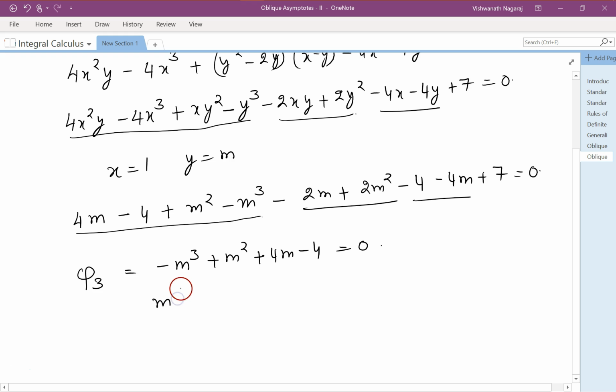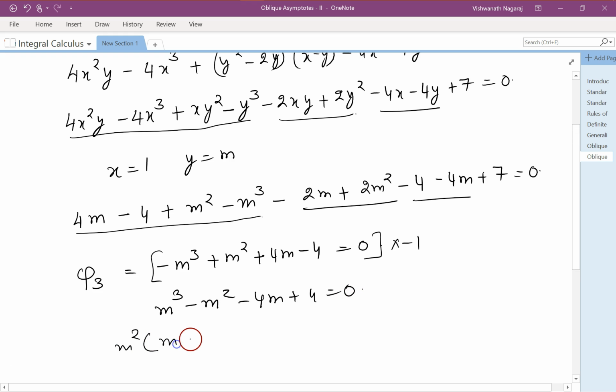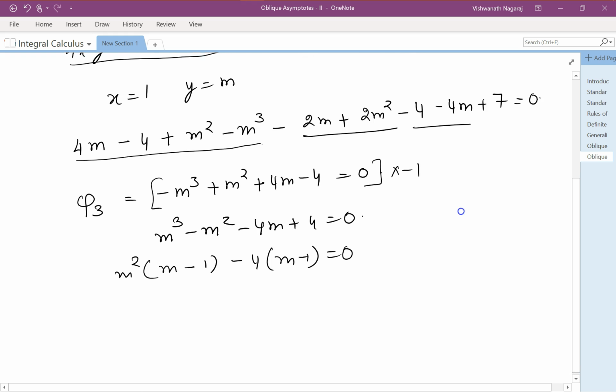So here m² if we take. Okay, now let's do one thing. Let's multiply this entire thing by minus 1. So what happens? m³ − m² − 4m + 4 = 0. So now m²(m − 1) − 4(m − 1) = 0.